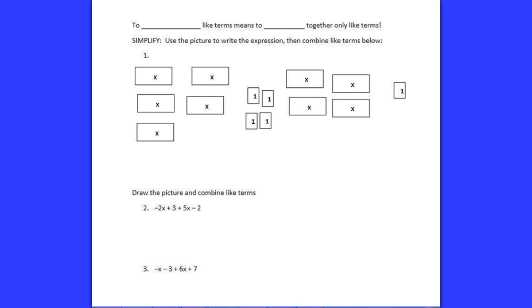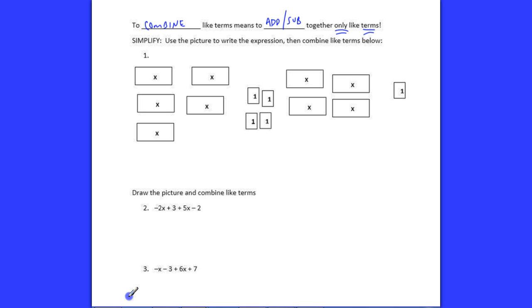But there is an important vocabulary word here at the top, and that is to simplify. Or I'm sorry, to combine like terms means to add or subtract together only like terms.